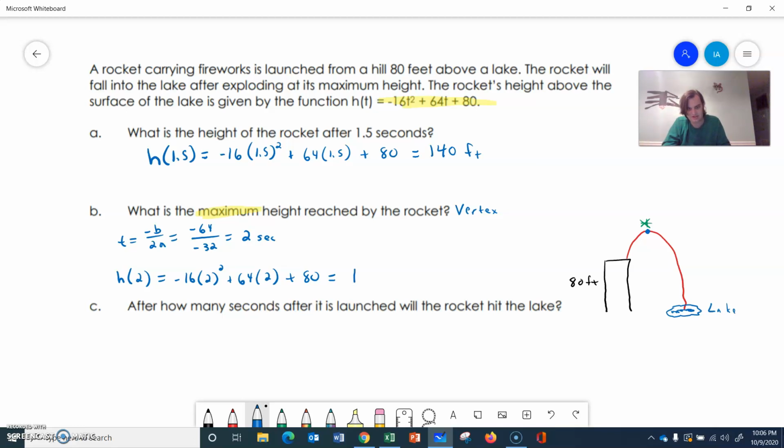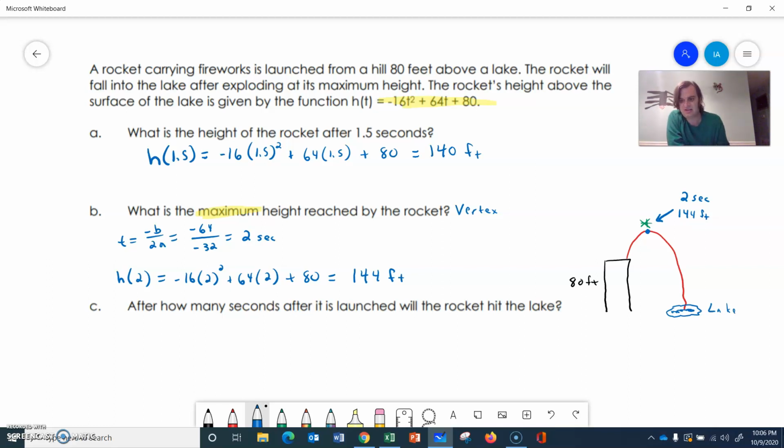I'm a little worried about it, because in that half second it only went up another 4 feet, but maybe that's where it's just stopping its movement. So 80 minus 64 plus 128. Yep. So it goes boom up here, 2 seconds into launch at a height of 144 feet above the ground.